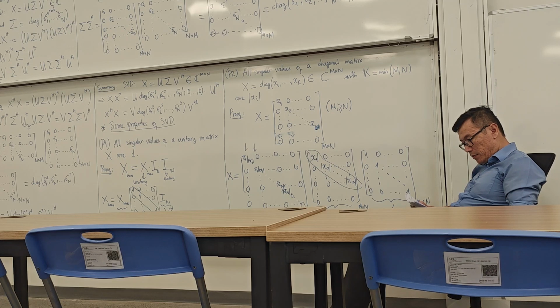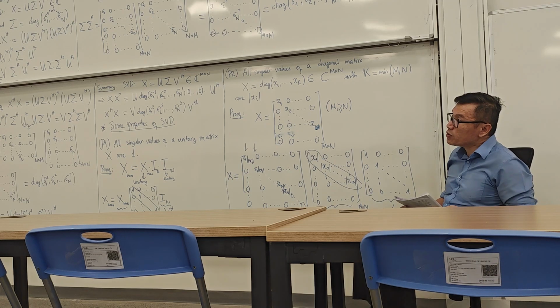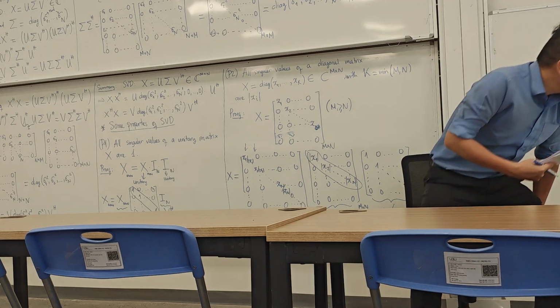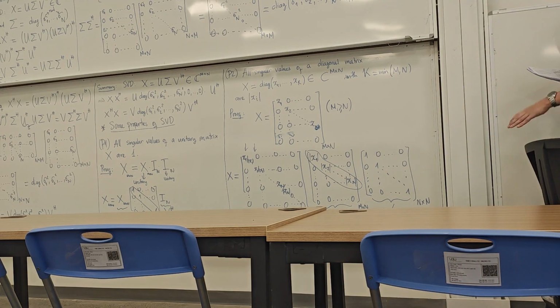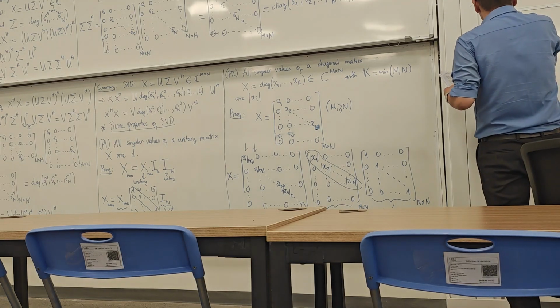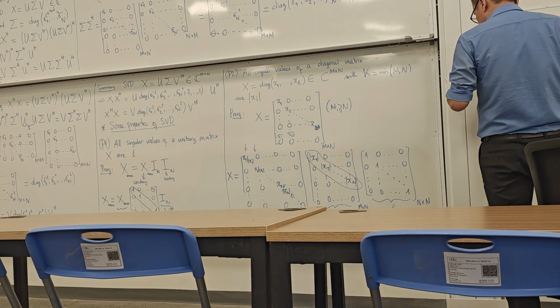Okay, this is the second property. Now we go to property 3. We go to P3.